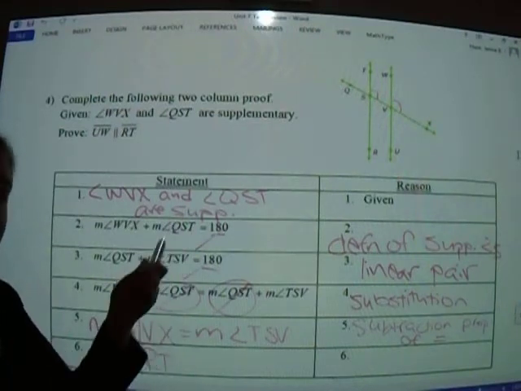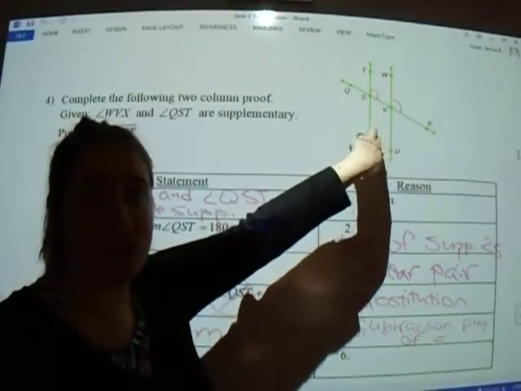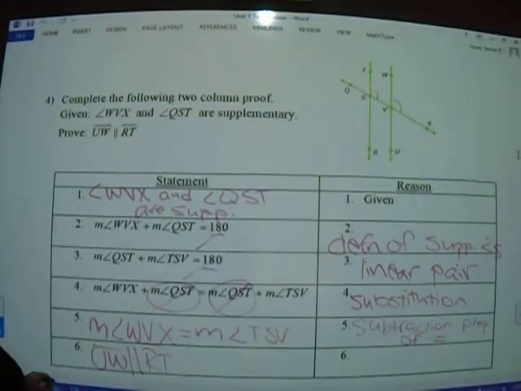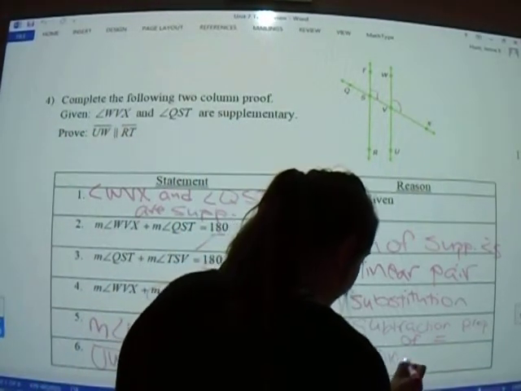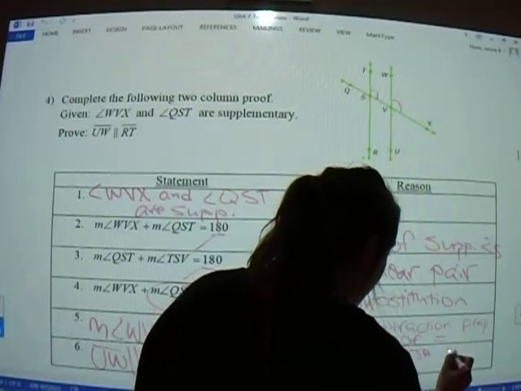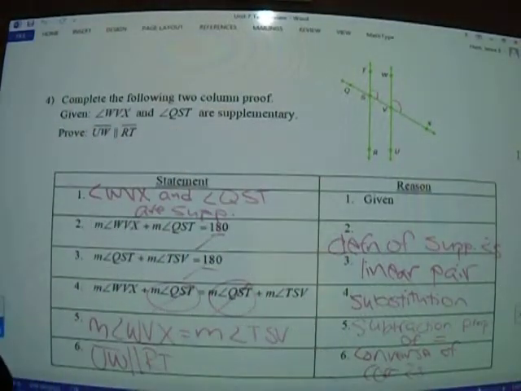So the converse of that is if the two angles are congruent, then these two lines are parallel. So this is the converse of corresponding angles, right? Okay, so that's that one.